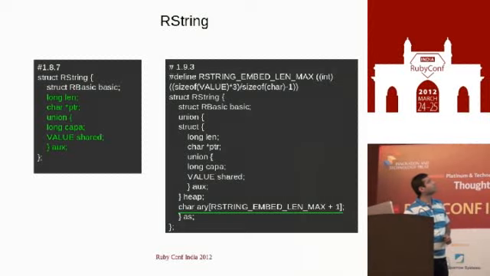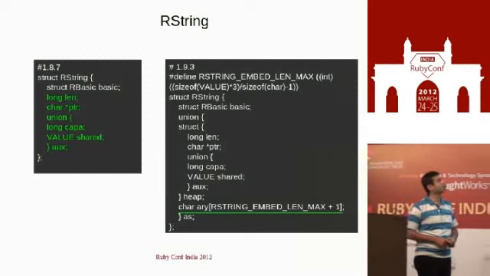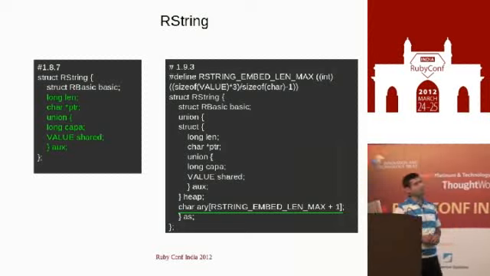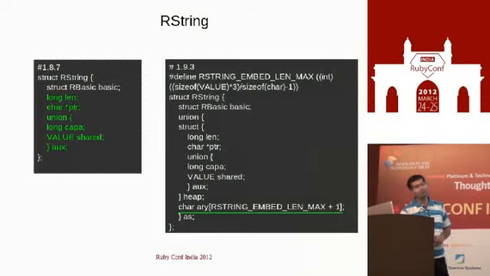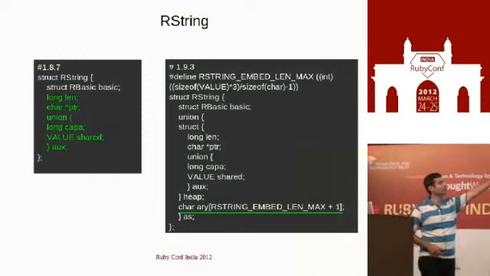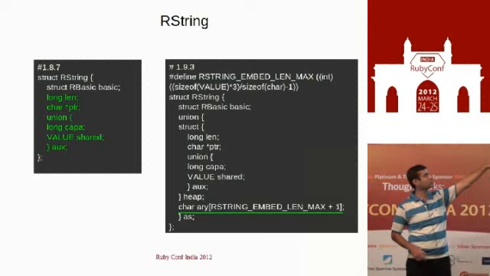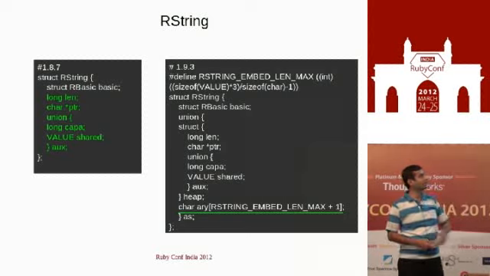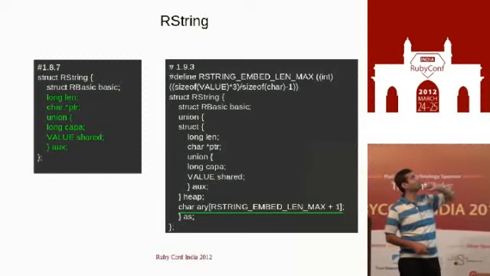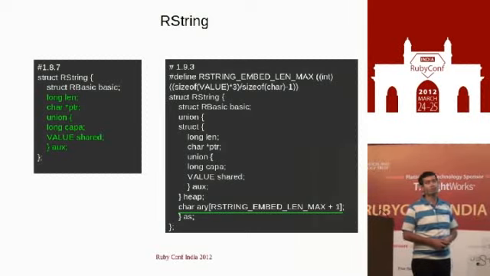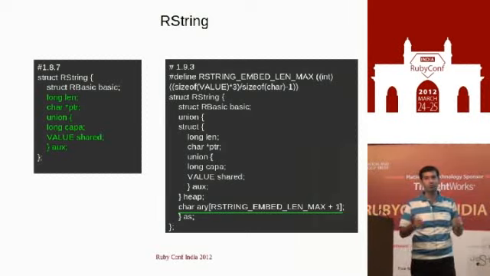Okay, and this is the implementation in 1.9.3. It's quite big. Let's look at what the difference is. The main difference is this one. We have a character array defined with some default length, and that default length is defined at the top. It is sizeof(VALUE) times 3 divided by sizeof(char) minus 1.